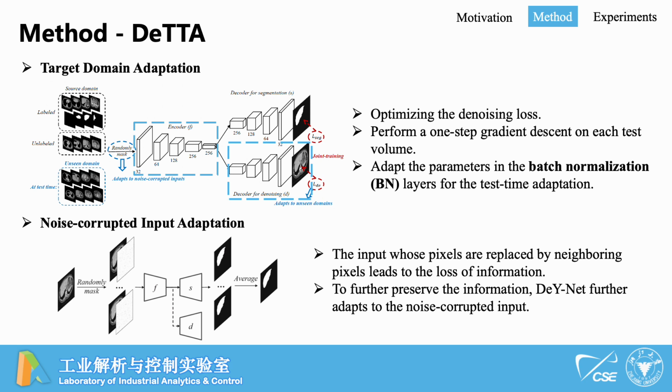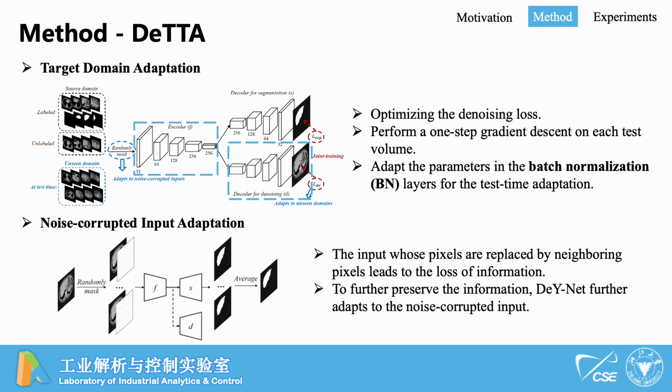For the noise-corrupted adaptation, it is apparent that the modified input, whose pixels are replaced by neighboring pixels, leads to the loss of information. To further preserve the information, we can get several inputs after being randomly masked. Then we can make predictions on all these masked inputs and merge the predictions.